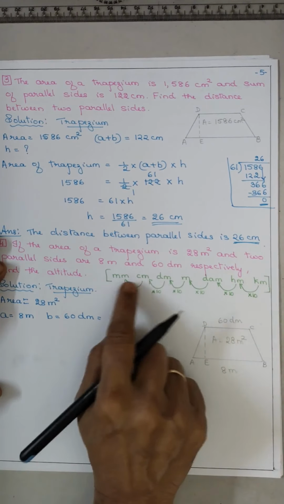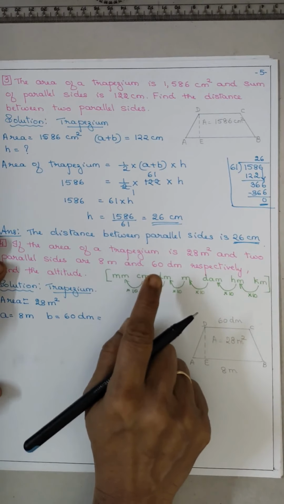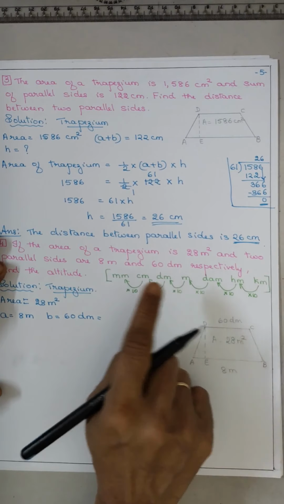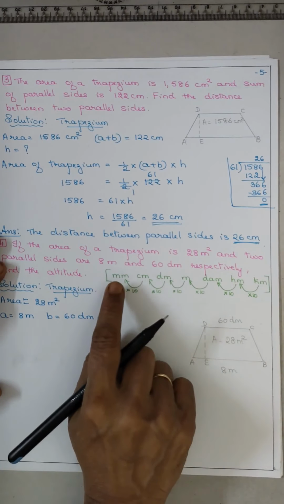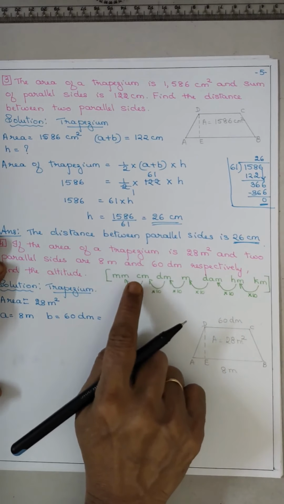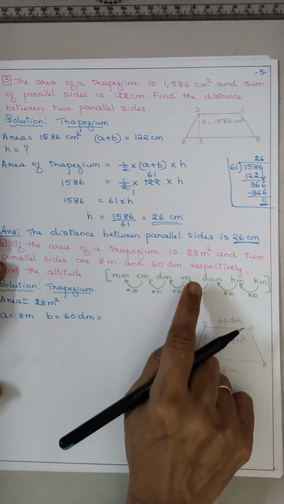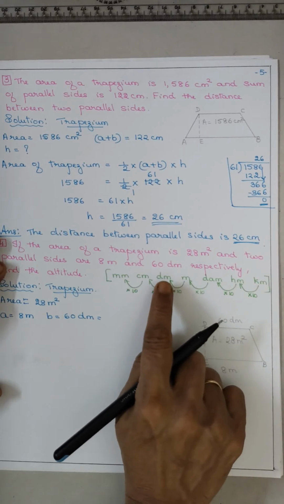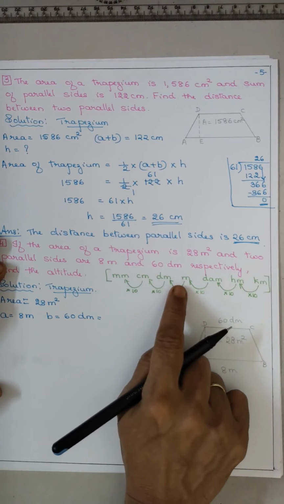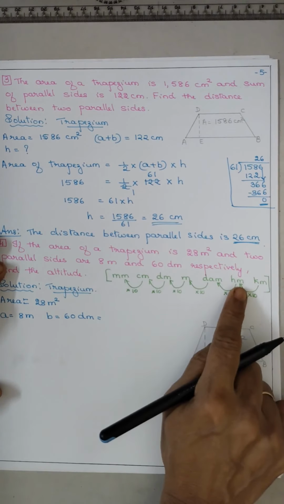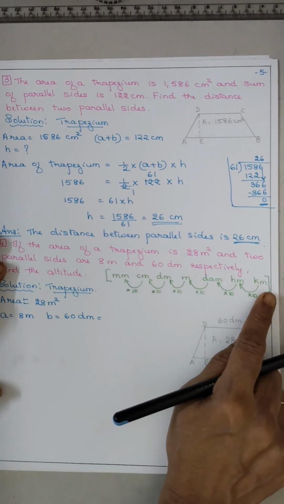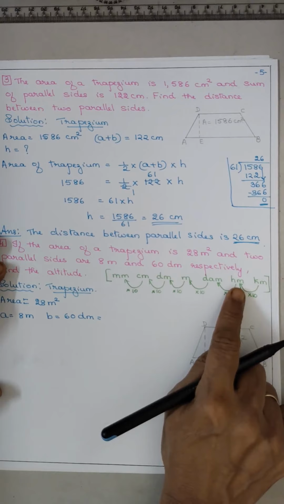And the difference is you have to multiply by 10 at each step. 1 centimeter is equal to 10 millimeter, 1 decimeter is equal to 10 centimeter, 1 meter is equal to 10 decimeter, 1 decameter is equal to 10 meter, 1 hectometer is equal to 10 decameter, 1 kilometer is equal to 10 hectometer.